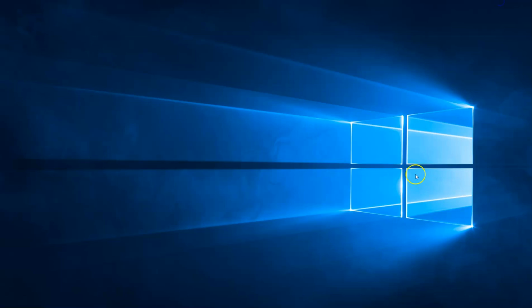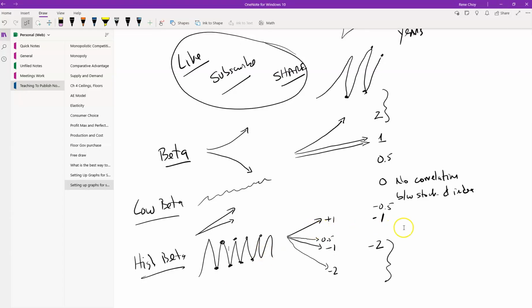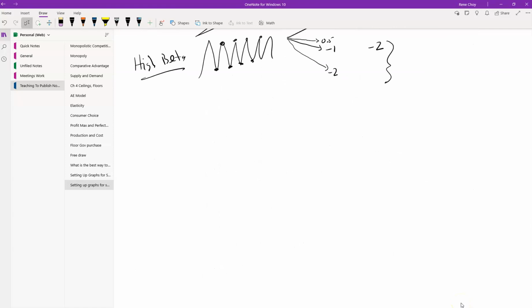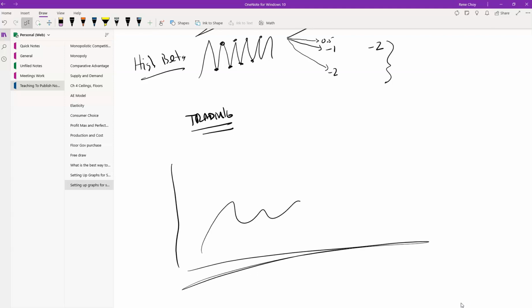Okay? So using graphs to predict the future is missing one of the most important pieces of information, which is news. And this is why we don't recommend, or at least I don't recommend, trading for pretty much anyone who doesn't work in this business. It's because trading requires you to be on top of not only your graph, but the news, and then understanding how something could be bad news or good news.